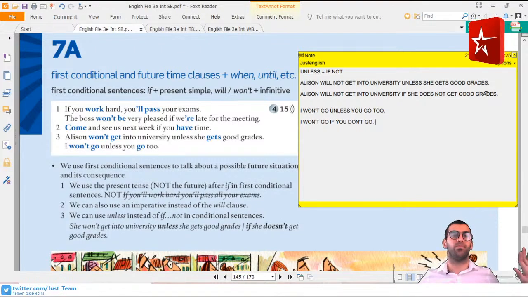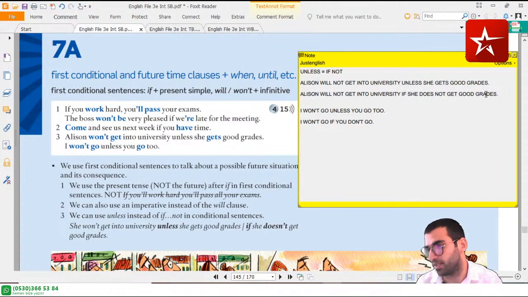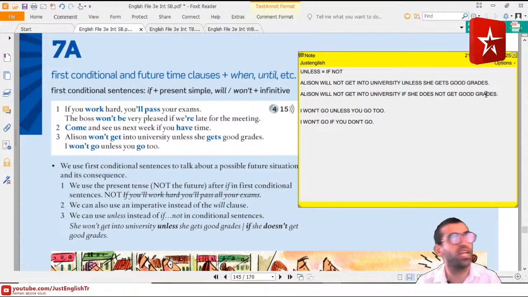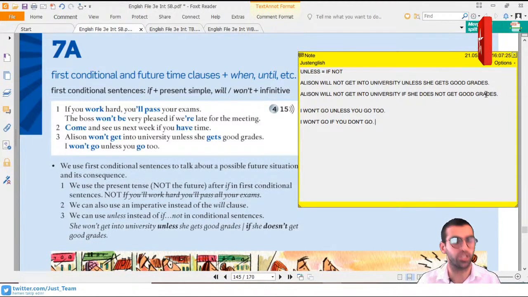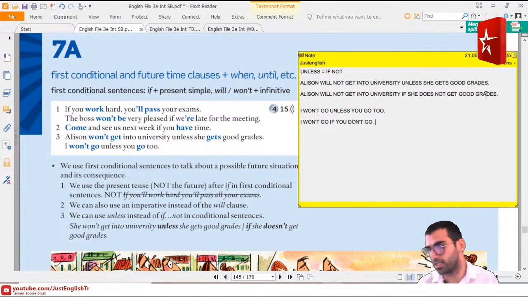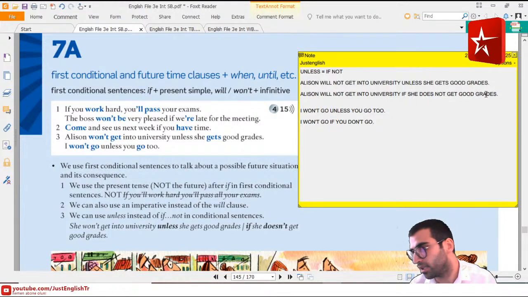They are the same, but grammatically they are different. They have the same meaning, but when it comes to the structure, we use if not instead of using unless.